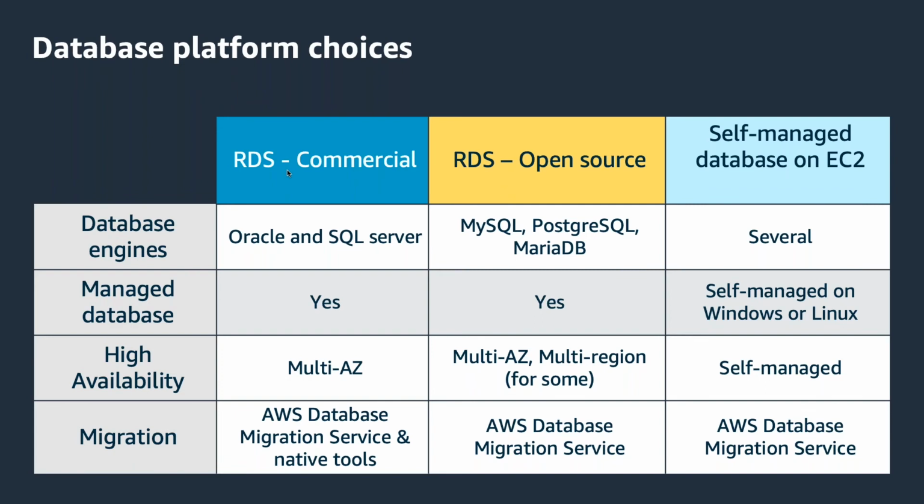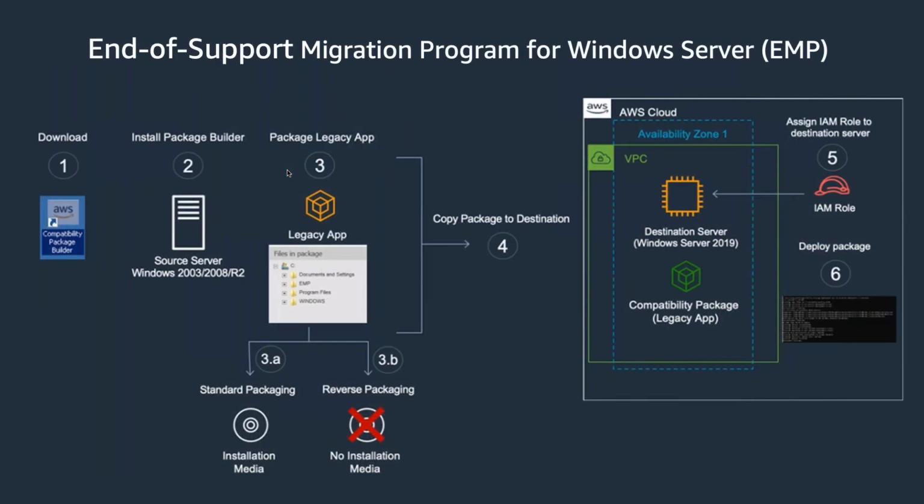If you're looking at moving to an open source database, there are many services that can help you in this space, especially Database Migration Service, which can help you migrate your databases in a homogeneous way, for example SQL to SQL, Oracle to Oracle, or if you want to go from SQL to PostgreSQL, or from Oracle to Aurora Postgres. The Database Migration Service tool is going to help you with that migration and modernization effort.